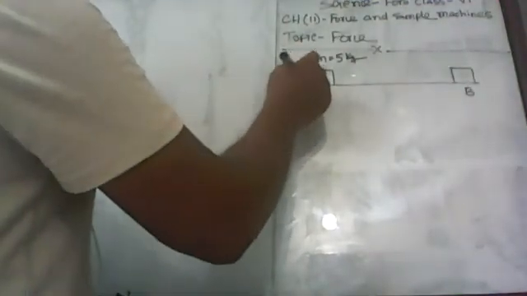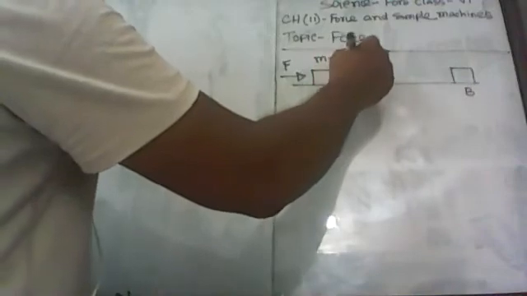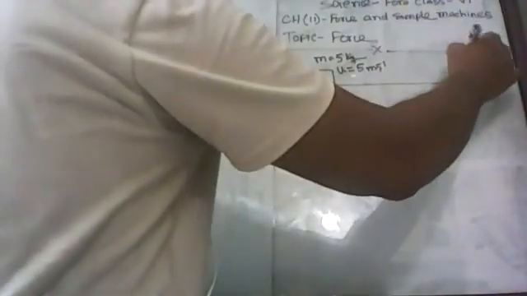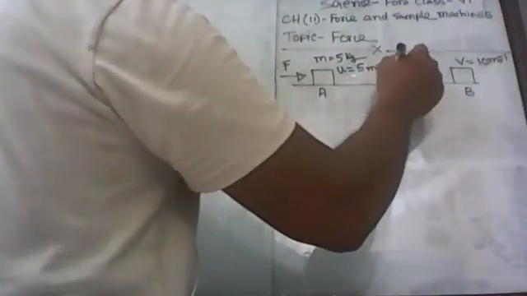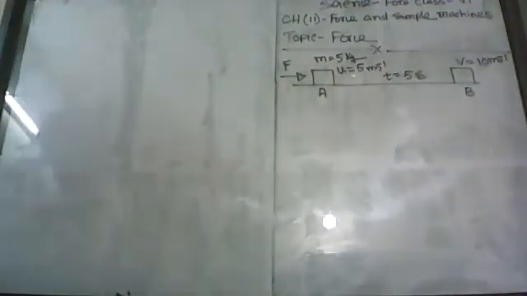Now I'm going to apply force F on this body, and because of this force, the initial velocity of the body U equals 5 meter per second becomes final velocity V equal to 10 meter per second after t equal to 5 second time.